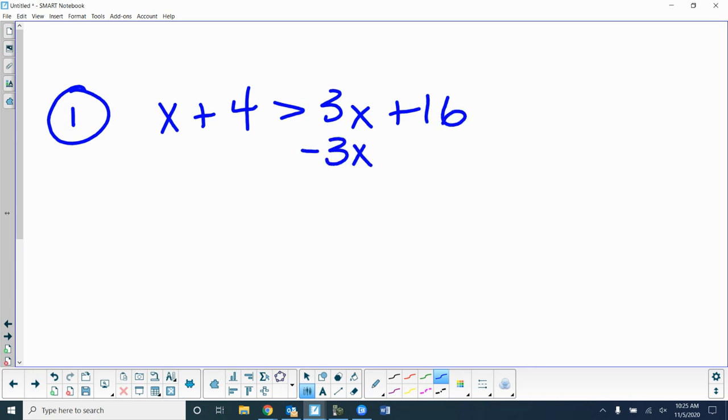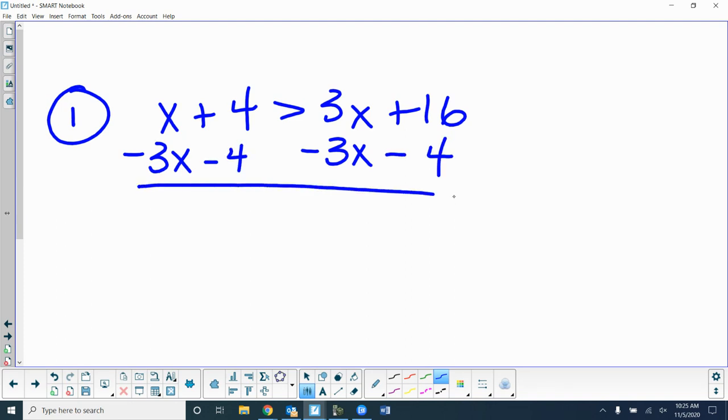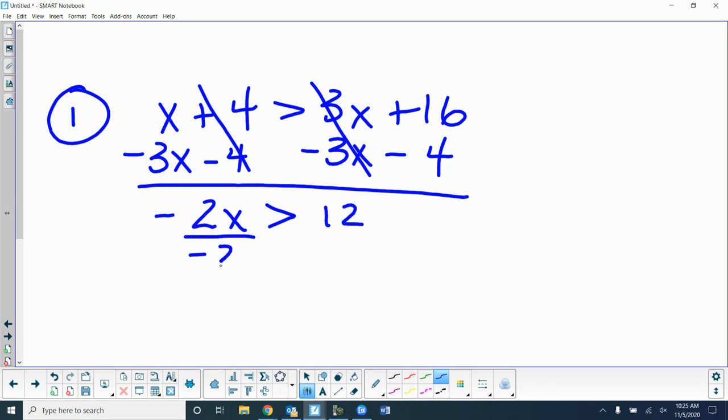So I'm going to take the 3x over. I'm also going to take the 4 to the other side, so the constants are together. So I get negative 2x on the left, the 4's cancel, greater than, the 3x's cancel. 12 divided by negative 2, so x is less than, because I divided by negative 2, negative 6.